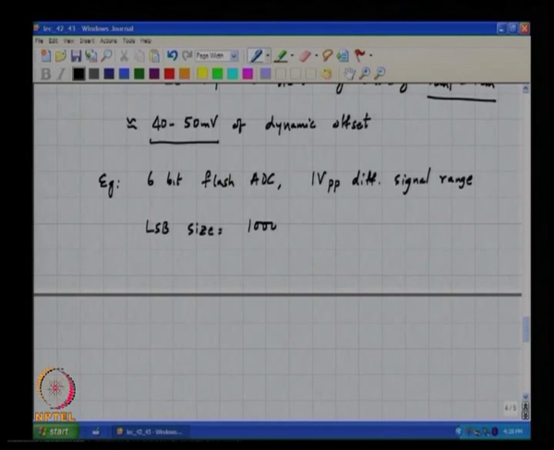It is 1000 millivolts divided by 64, which is about 16 millivolts. So, if the offset of the latch itself is 40 to 50 millivolts, that is almost like 3 to 3.5 LSB of the converter that you are trying to build.